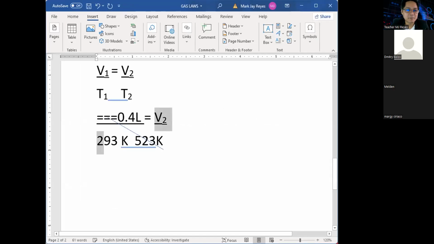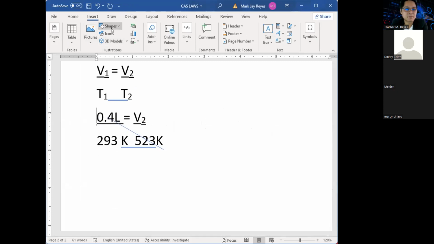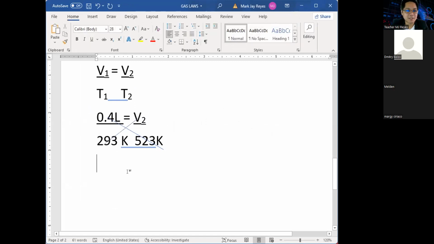Cross multiply. And that's it. This is the mathematics side of science. So crossing it over will mean what?